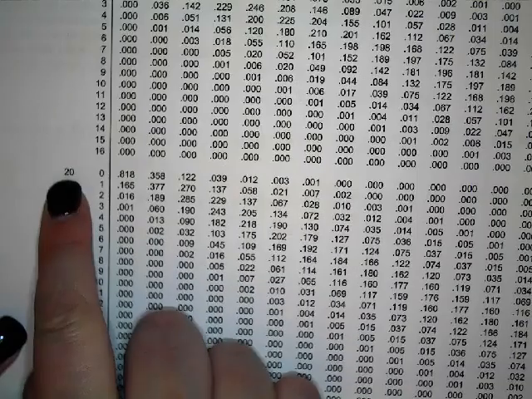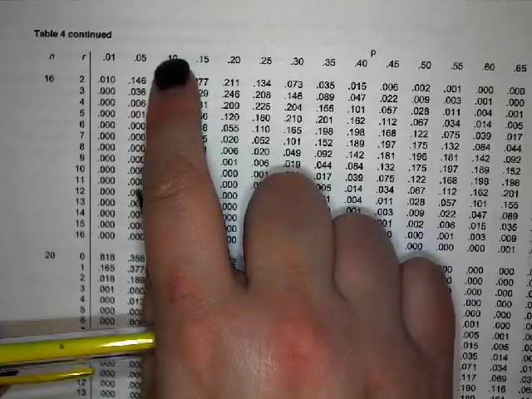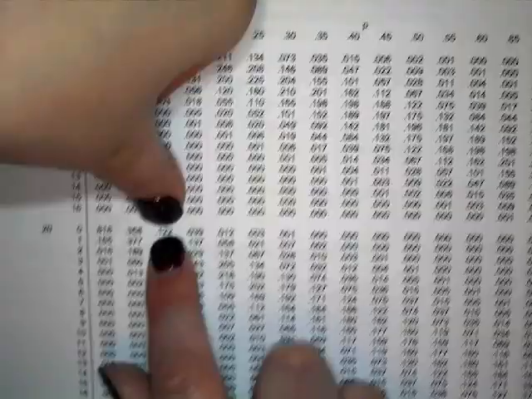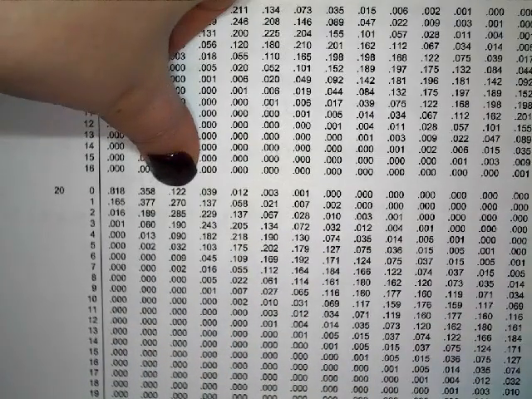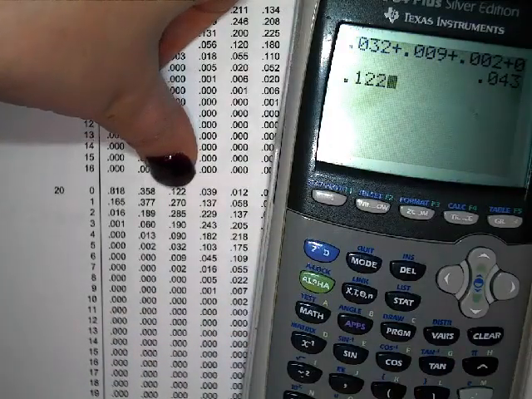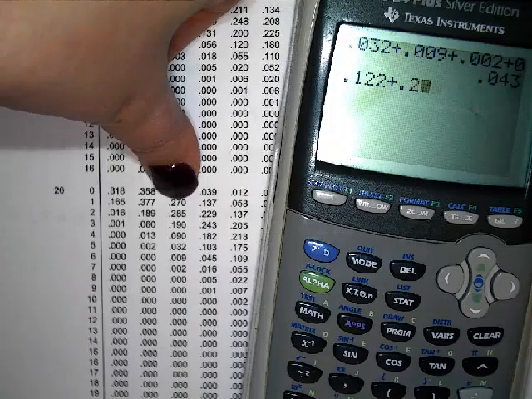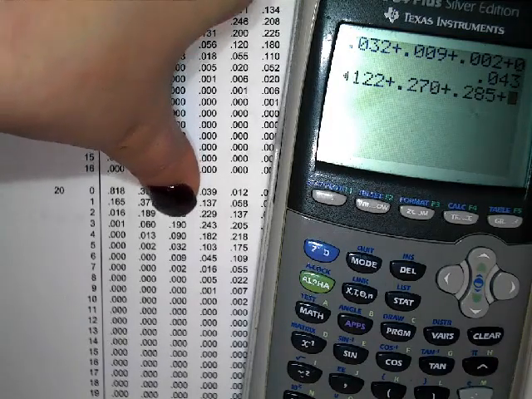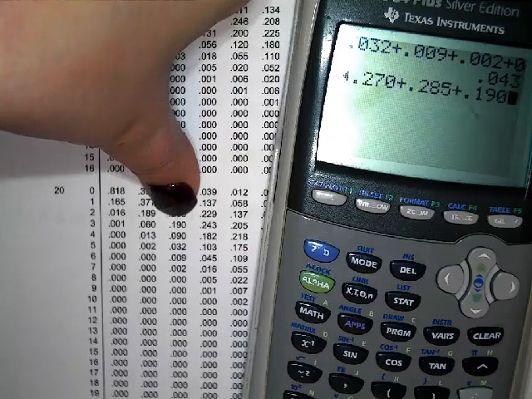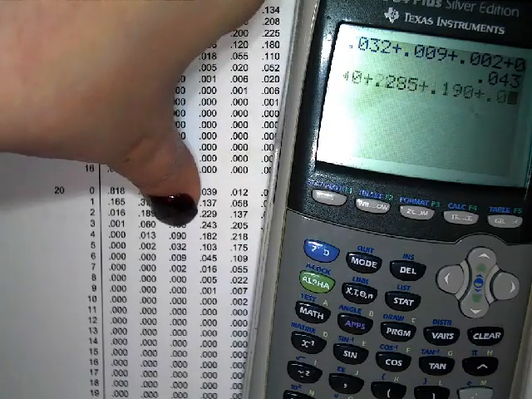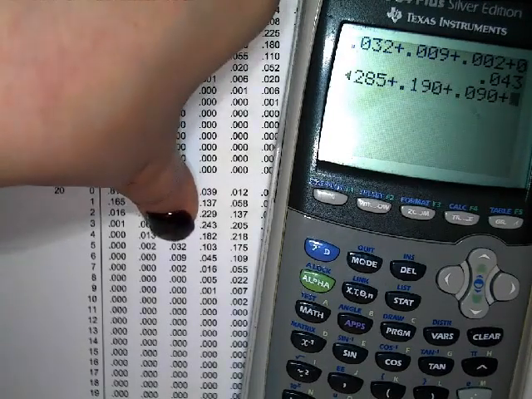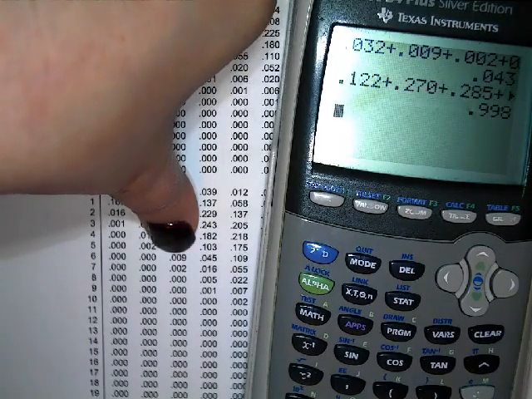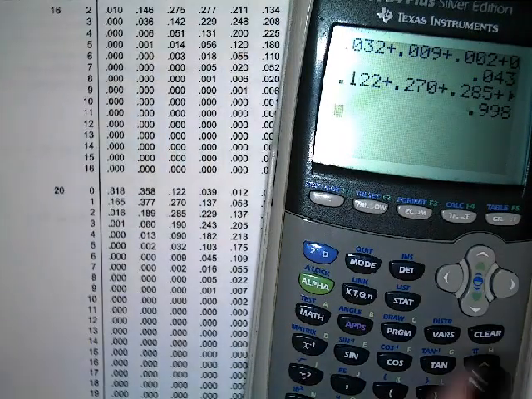I've got my 20 trials, 0.10 probability, and I'm going from here to 6. So 0.122, 0.270, 0.285, 0.190, 0.090, 0.032, 0.009, which gives 0.998.